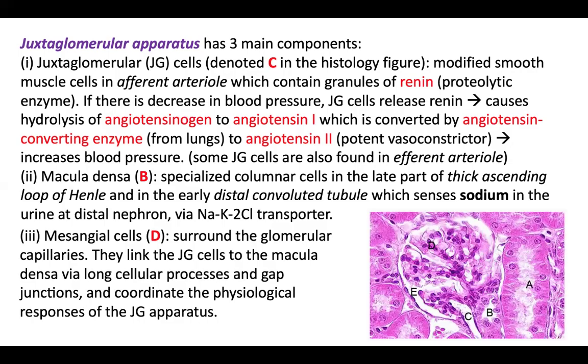And then finally, the third component of the juxtaglomerular apparatus are the mesangial cells, denoted as D within the glomerulus. And the mesangial cells basically are the link between the JG cells and the macula densa cells, and help to coordinate the physiological responses of the JG apparatus.